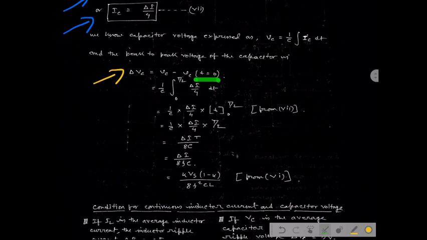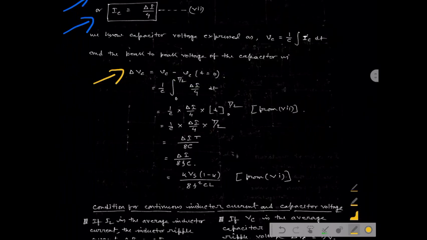This is the initial voltage at t equal to 0, because the capacitor always stores some amount of energy inside it at the start. As it works for all cycles, the capacitor voltage initially, at t equal to 0, must have some magnitude, maybe 0 or maybe some other magnitude. That is why this is the expression.